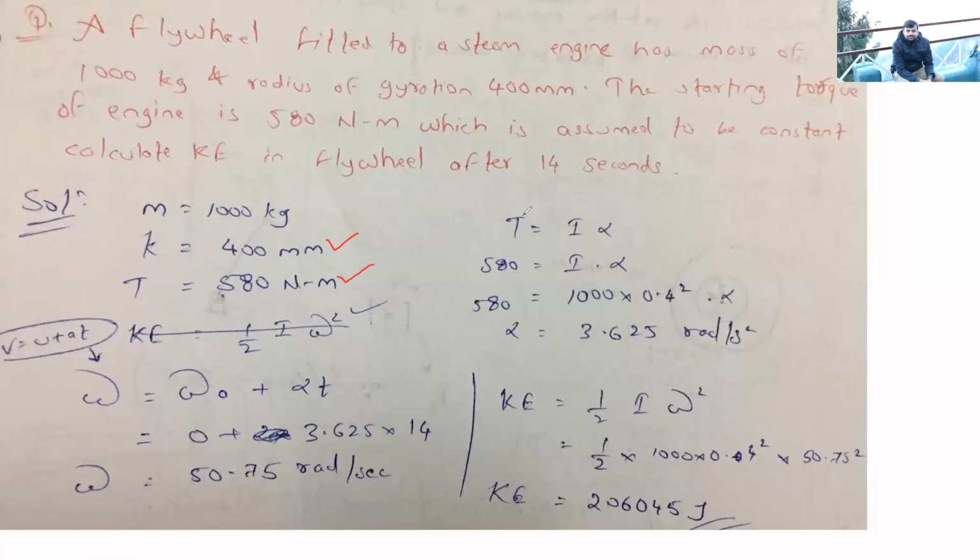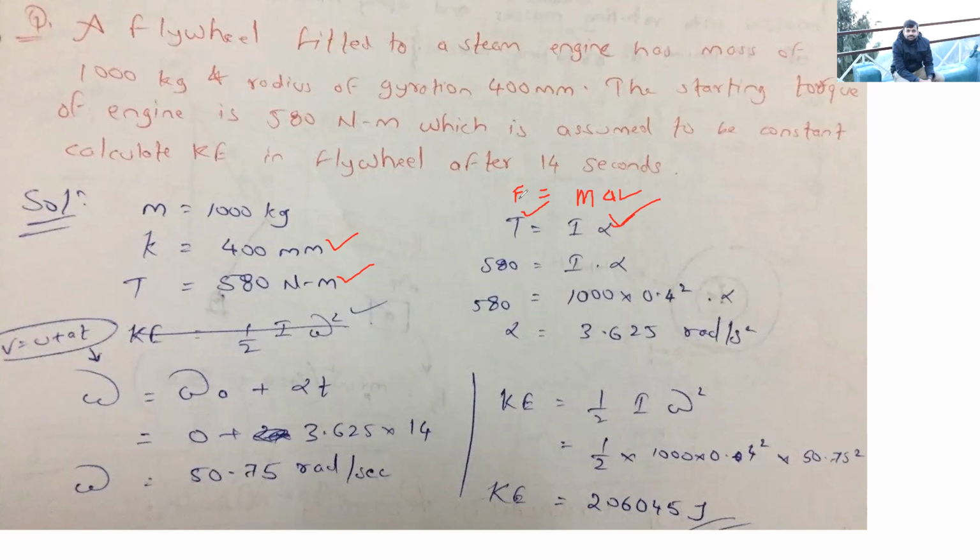We know that torque is equal to I into alpha, right? Alpha is nothing but angular acceleration. It is very analogous to the equation force is equal to mass into acceleration. Mass over here is replaced by the moment of inertia, linear acceleration is replaced by angular acceleration, and torque is analogous to force.